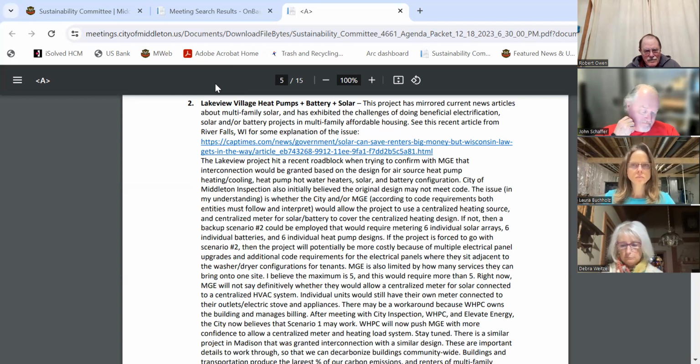So they hit this roadblock. And so we had a meeting with City of Middleton Inspection and Elevate Energy and WHPC. They're the partners on this project, and Wisconsin Housing Preservation Corps owns the building. So there may be a workaround, because unlike a lot of multifamily that is not subsidized, this particular building is subsidized.